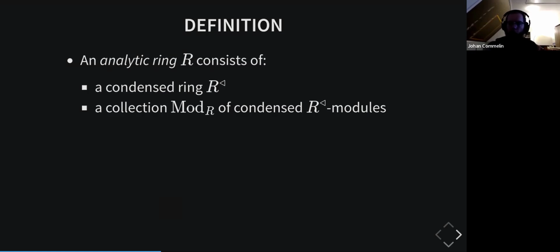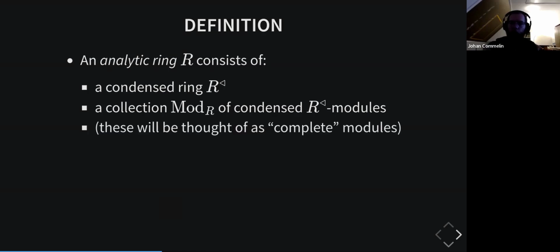So modules over R triangle are just condensed sets that come with a module structure over this condensed ring R triangle. And an R module is just going to be whatever this analytic ring thinks its modules are. It's going to be a subcollection of the category of R triangle modules. And we think of those modules, the R modules, as the complete ones.